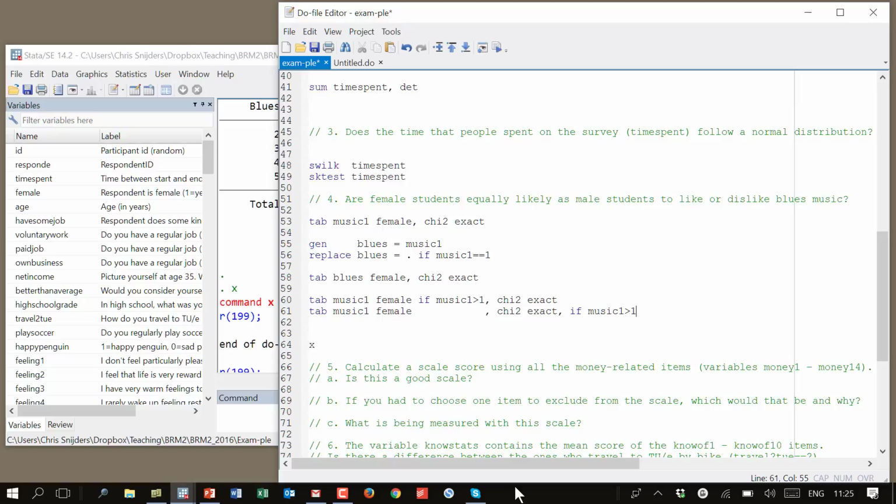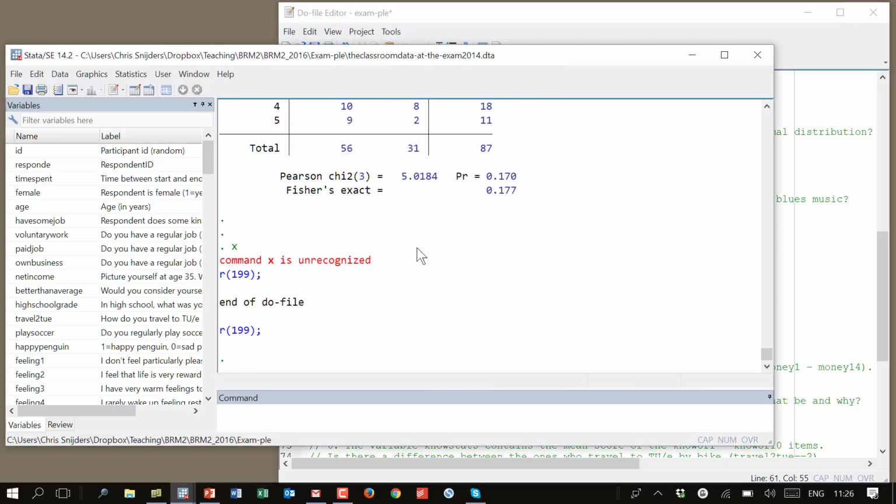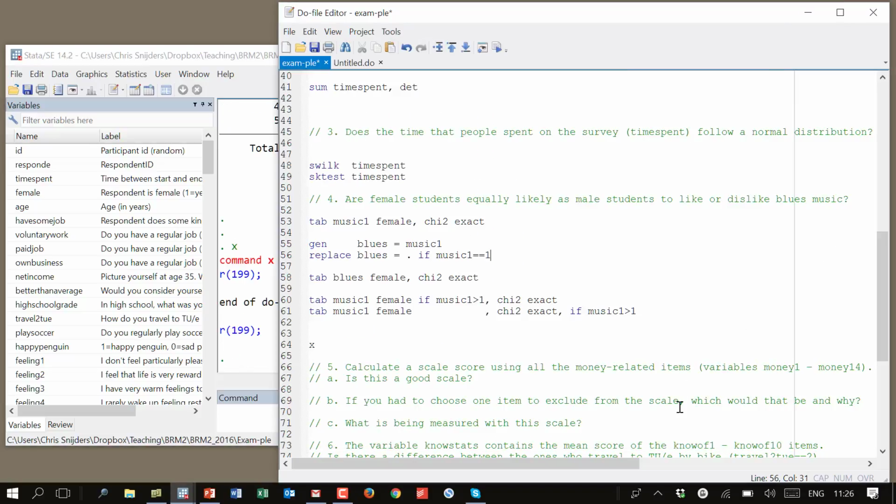The second time it sees a comma, it toggles back to, this must be part of the actual command. So this is also one way to write tab music1 female if music larger than 1. That will work as well. And normally I find this easier because then you see all the conditional stuff way at the back. But either one will work.